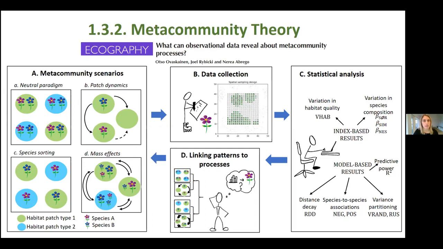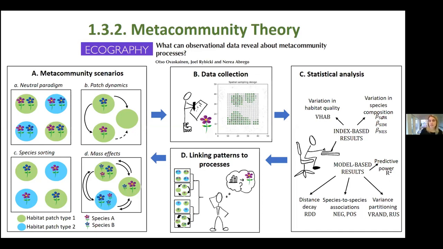And we also simulated a virtual ecologist that would collect data from these meta-community scenarios using a spatial sampling design in a similar manner that we empirical ecologists do in reality.